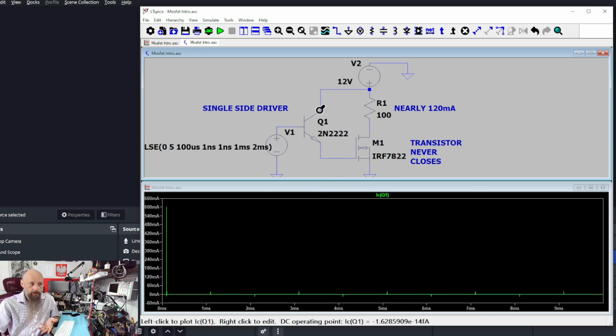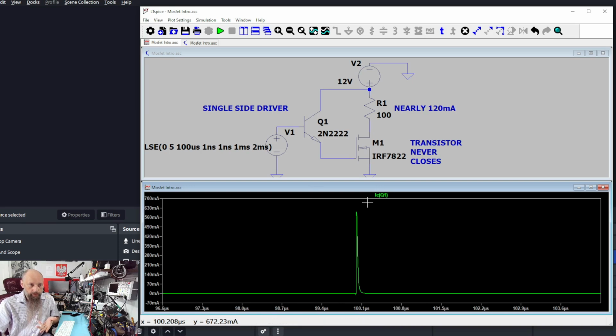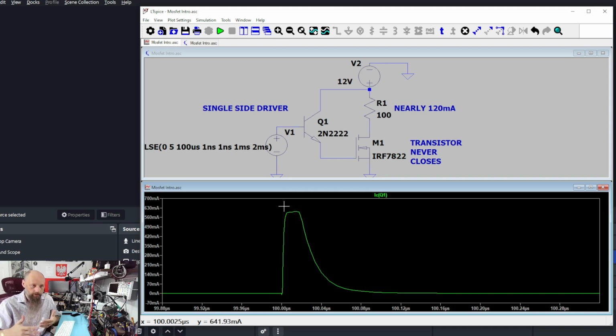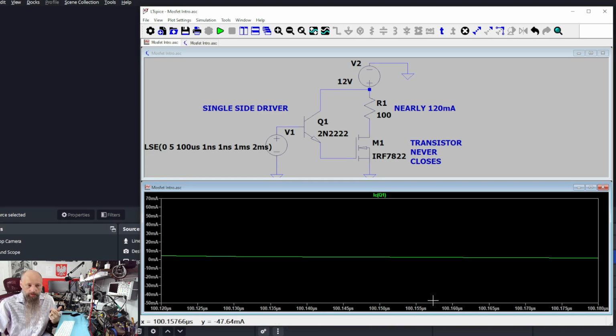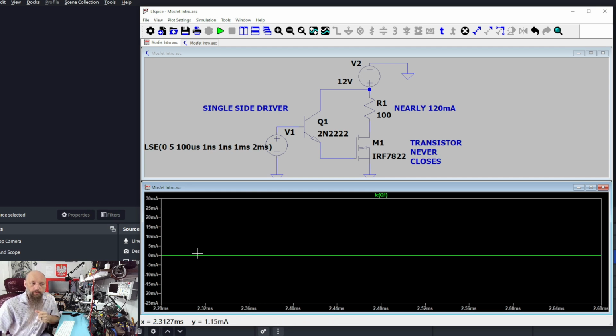And we can see that the current flow was only for this minute peak over here, roughly maybe 0.5 microseconds. That is the time that was needed to charge the gate of the transistor, and it never goes down. Then we have pretty much zero current flow to the gate because the gate is charged.